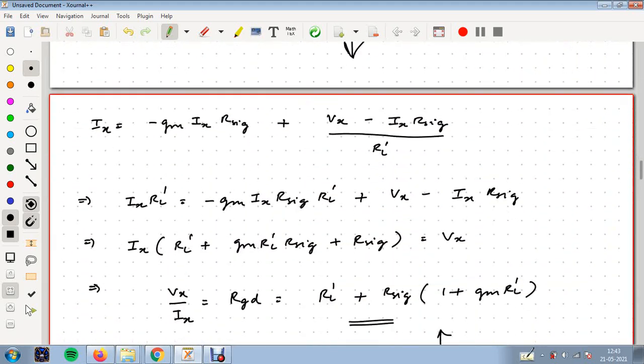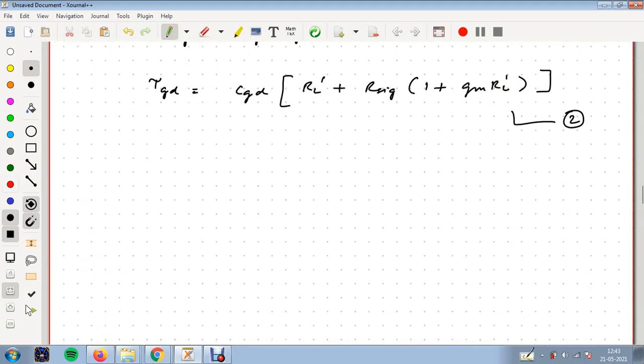So third one, consider CL and make source equal to 0. Source here, remember, means V signal equal to 0.